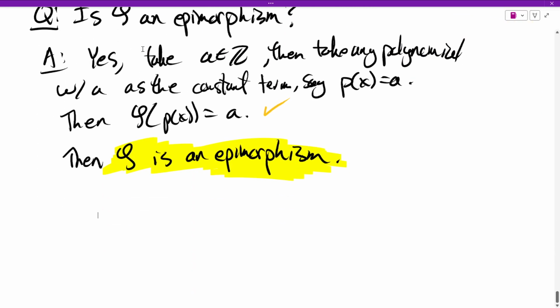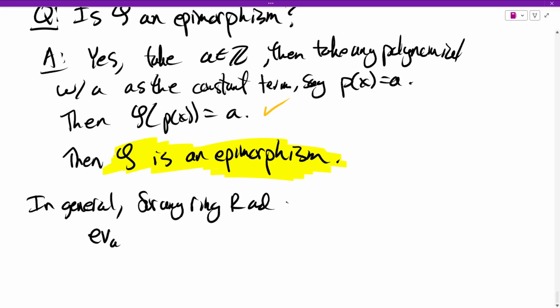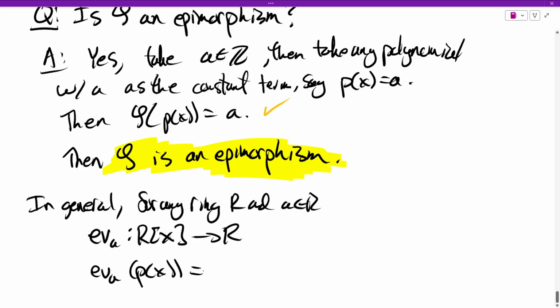So let me note that to end the video. In general, which is something you're going to show, for any ring R and element a in R, evaluation at a from R adjoin X to R, given by taking p of x and plugging in a, is always an epimorphism.